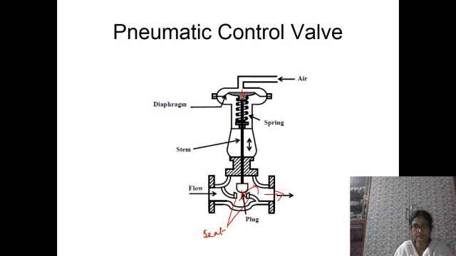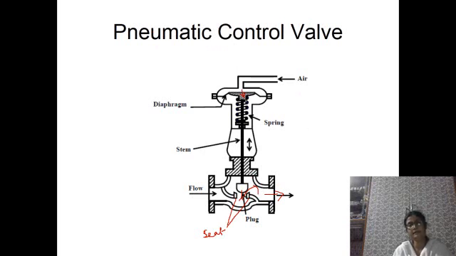So if the downward pressure is more, then the stem will move downward and the plug will gradually close the seat area, so that the outflow of fluid through this plug or through this valve will get restricted. So this is the valve operation.